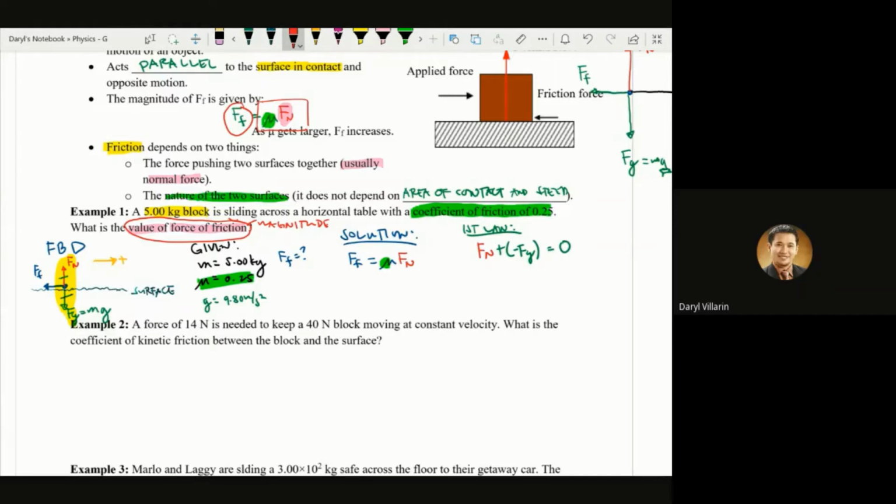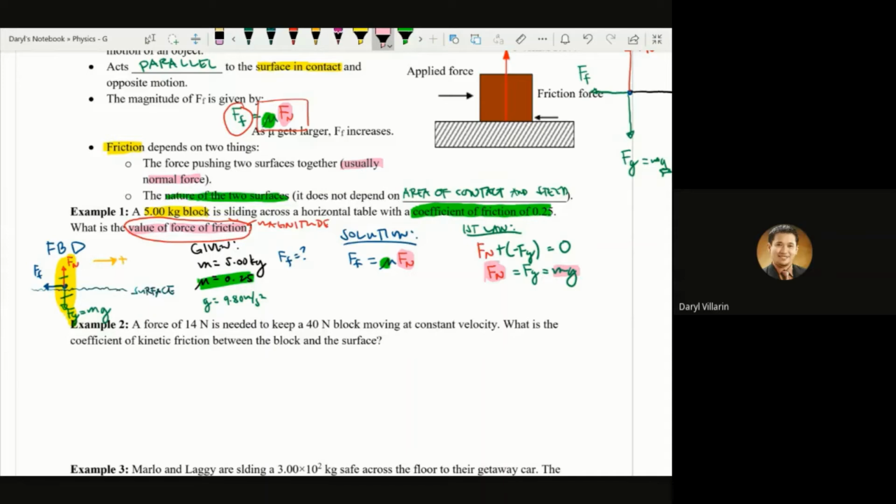So from there, you can see that Fn is just equivalent to Fg, which is mg. So even though it was not given directly in this particular question, we can solve for Fn. Fn in this case is just equivalent to mg.